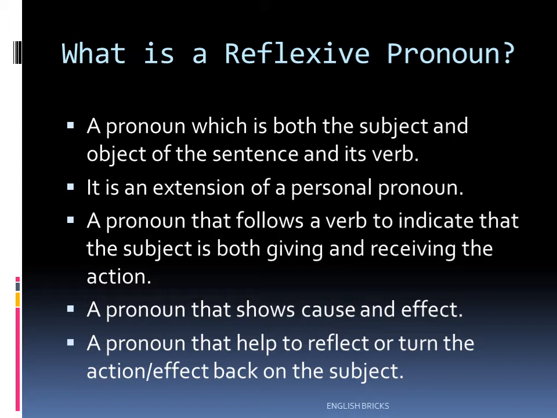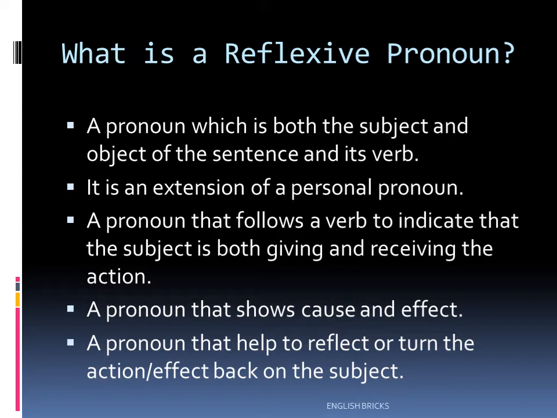It is also a pronoun that follows a verb to indicate that the subject is both giving and receiving the action. In other words, the subject is doing the action and is also receiving the effect of the action. So, this pronoun shows the cause and effect.